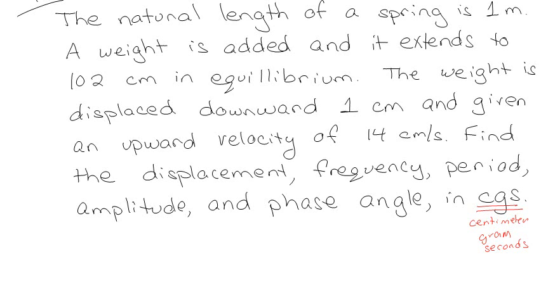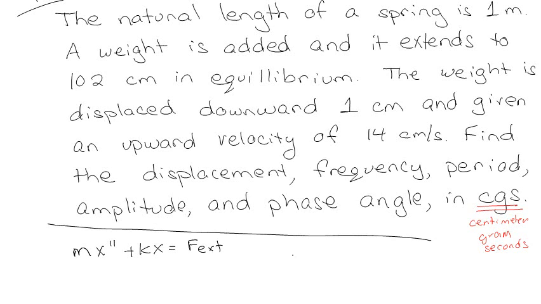All right, so we have our general format of our solution, which is that mx double prime plus kx is equal to some external force, but we don't have any external forces and I don't know what k is. However, I know that in equilibrium, delta L times k is equal to mg.